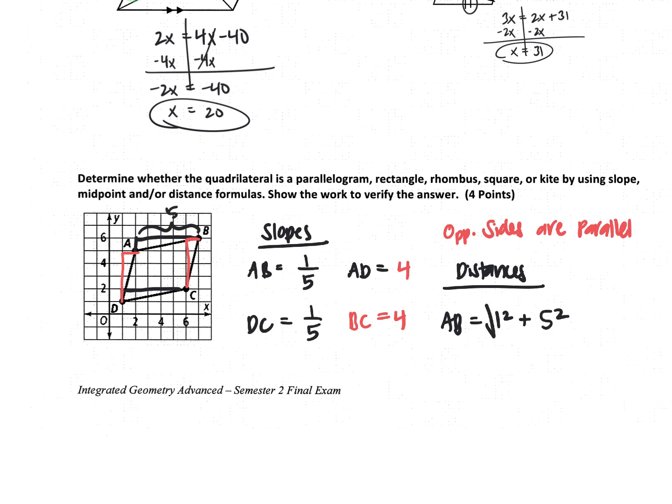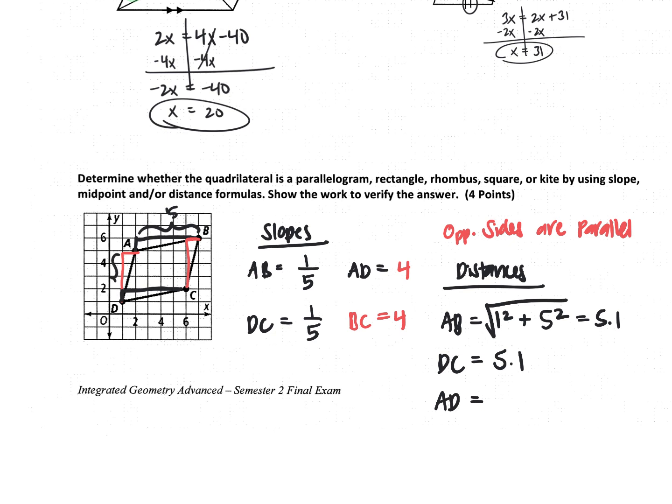I take the square root of that to find the distance. If I plug that in the calculator, I get approximately 5.1. I will get the exact same thing for DC because I also go up 1 and over 5. So again, 5.1.